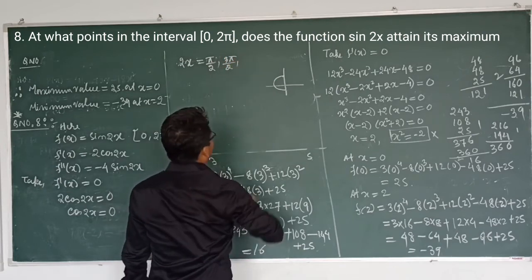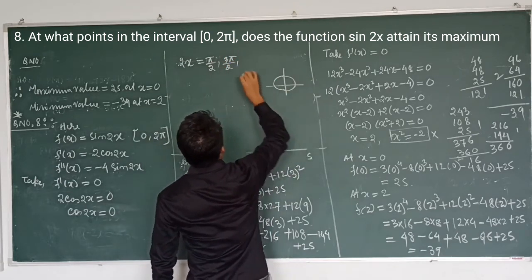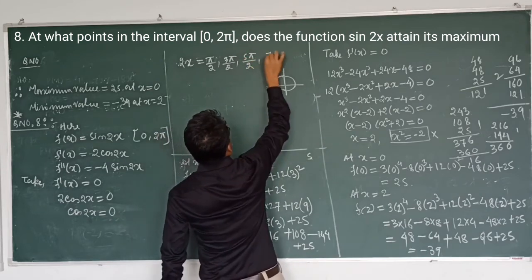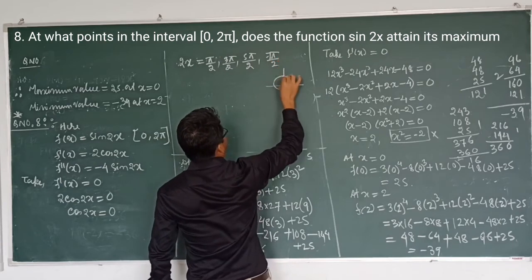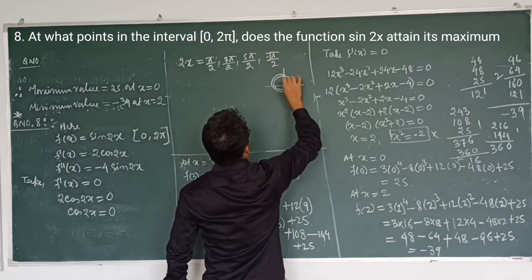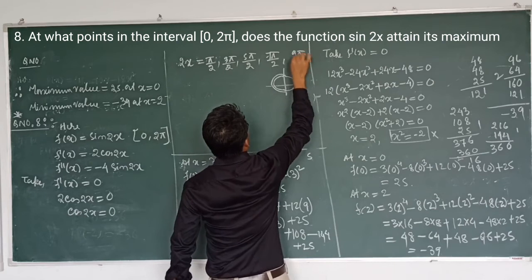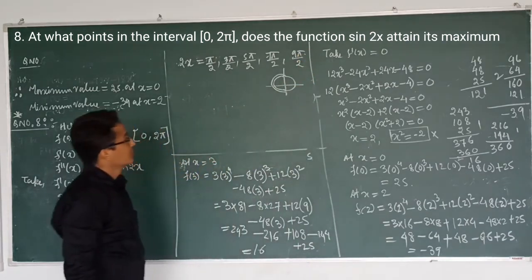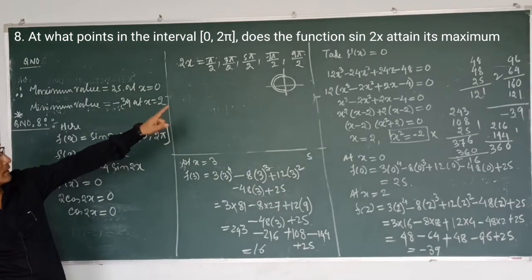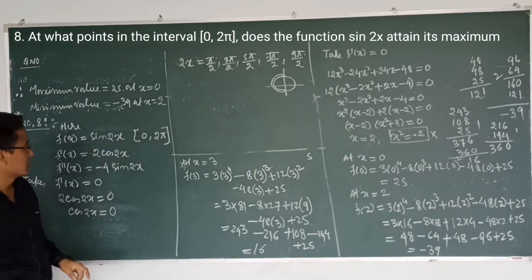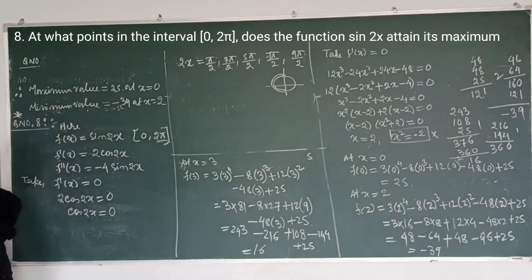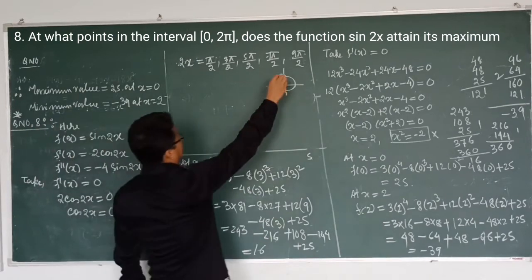Then if you go again, 5 pi by 2, then 7 pi by 2, and if you make one round again, 9 pi by 2. But we do not take the value 9 pi by 2 because our interval is up to 2 pi.